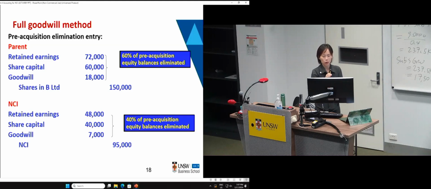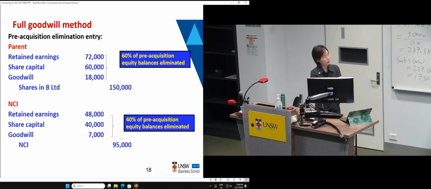Now the parent's portion is 60%, so you have to multiply by 60%, right? And in addition to that, recognize the goodwill acquired by the parent entity, 18,000. So you can see there's no impact on the pre-acquisition entries, right? The rules and principles apply exactly the same as we have previously demonstrated on the wholly owned subsidiary.